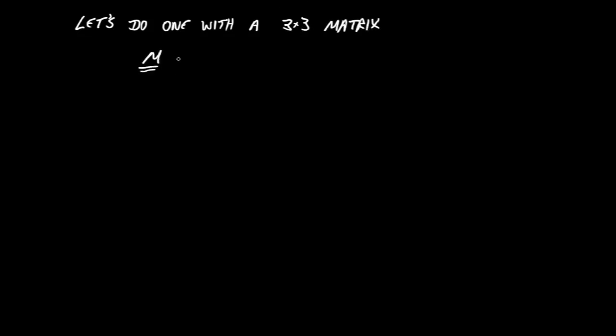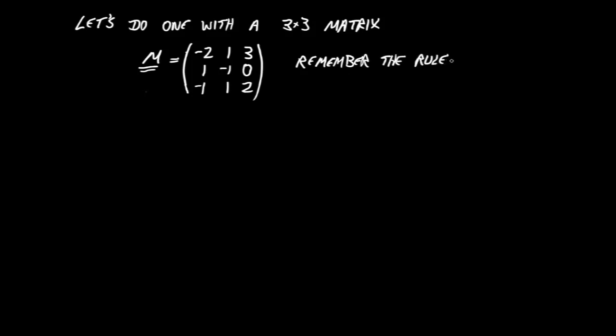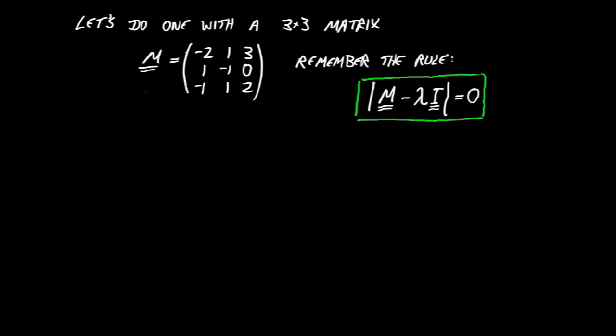Here we go. Matrix M is equal to, let's have minus 2, 1, 3, 1, minus 1, 0, and minus 1, 1, 2. I've worked that one out. I've checked that before and it will work for us nicely. Now, let's remember, of course, the rule from the previous screen, and we just need to apply that.